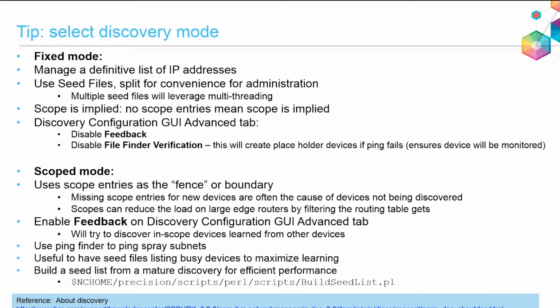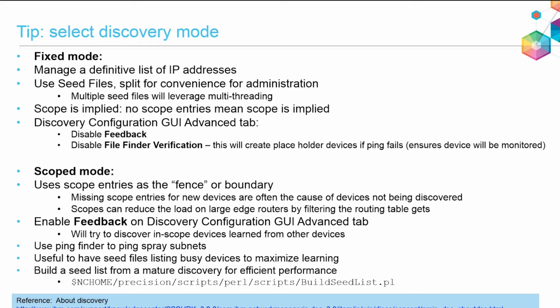The big thing to watch out for here is that as you're adding new devices, sometimes you miss the scope. The scopes, of course, can be in subnets, so you can make large subnets that make the fences broad, or as narrow as you like, down to individual devices.